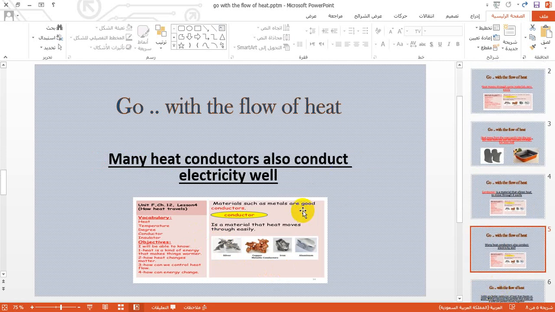Many heat conductors also conduct electricity well, like copper and iron. The wires are made of iron and copper.